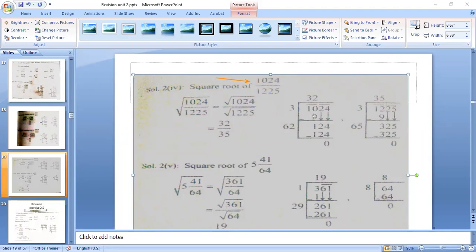First we find the square root of 1024. So we pair, सबसे पहले हम pair बनाएंगे. First pair is 24. ये एक pair बन जाएगा और second pair बनेगा 10 का. Second pair is of 10. So here we have the pair of 10.